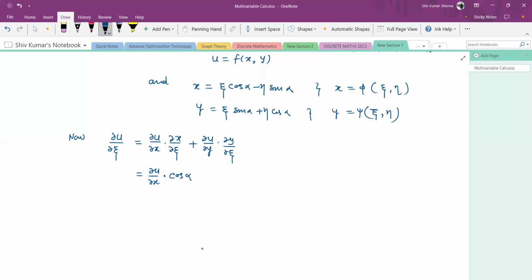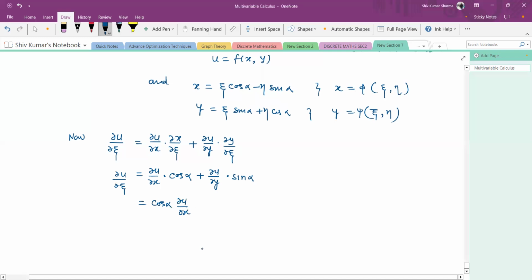Plus ∂u/∂y into ∂y/∂ξ, and ∂y/∂ξ gives us sin α. So we can write this as cos α ∂u/∂x plus sin α ∂u/∂y, and this is equal to ∂u/∂ξ.